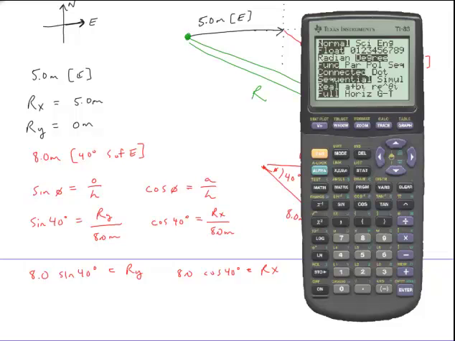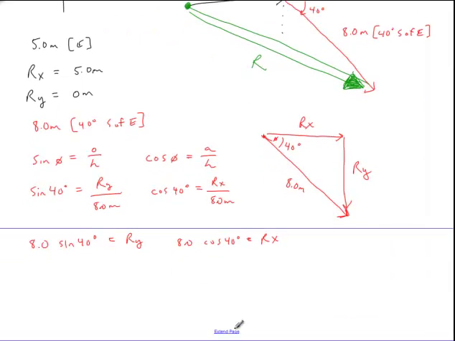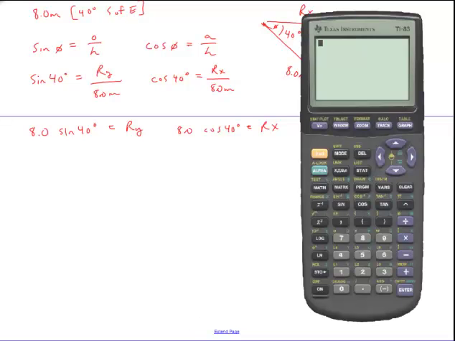Okay, so this thing's on. It's in degrees. Again, make sure that it is. Let's figure out what these are. So 8 times sine of 40. Remember to close your brackets. We get 5.14. We only have two significant digits here with the distance, so we're going to use two significant digits in the final answer.